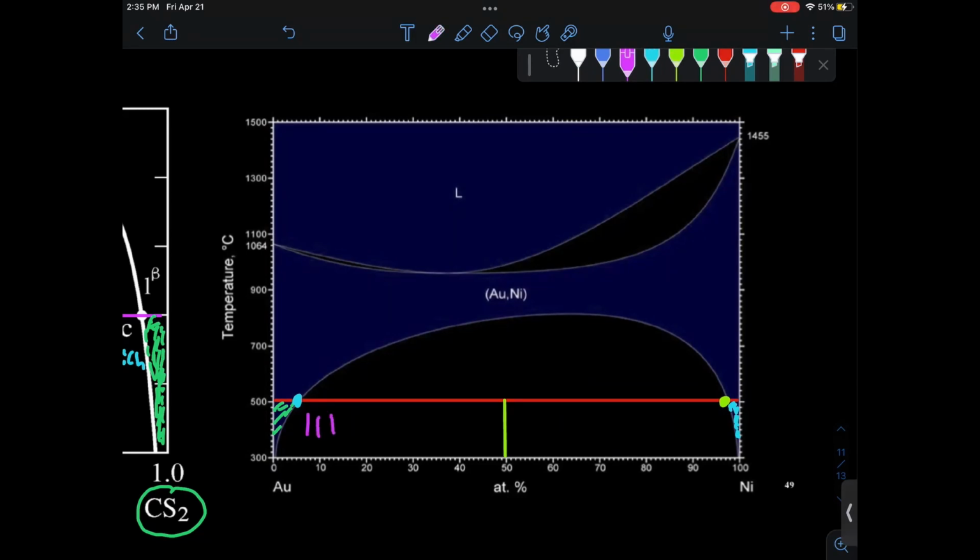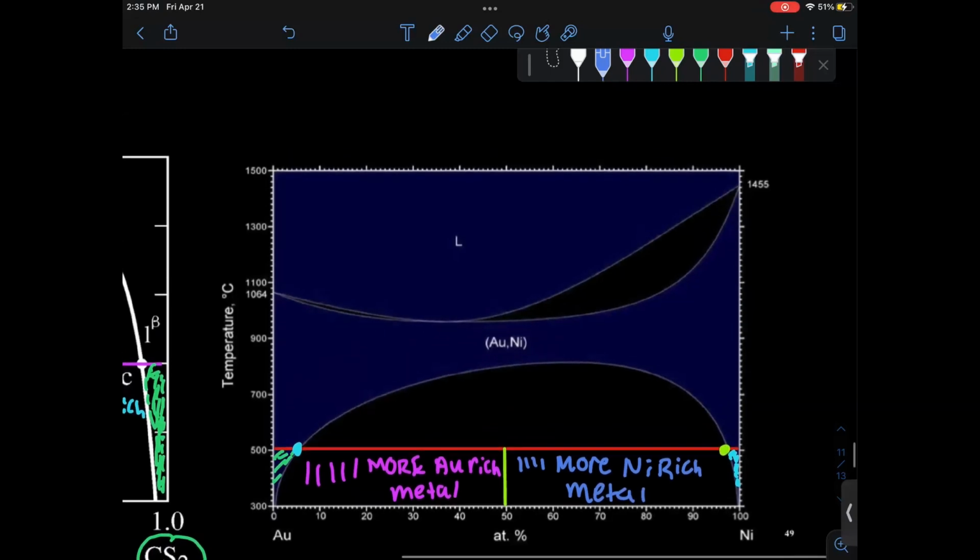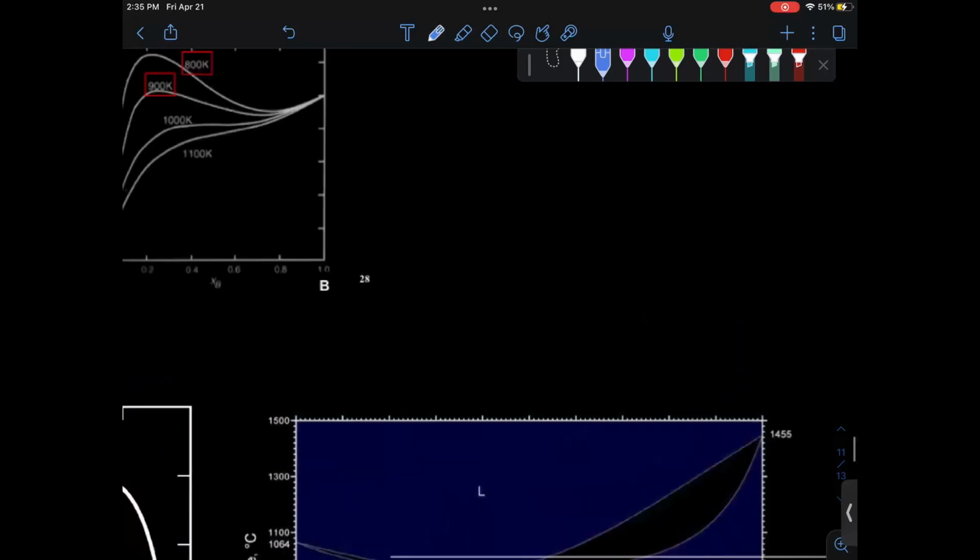In this left region, we have more gold-rich metal, since we're closer to the gold-rich phase. And over here, we have more nickel-rich metal, since we're closer to the nickel-rich phase, or the nickel-rich solid.